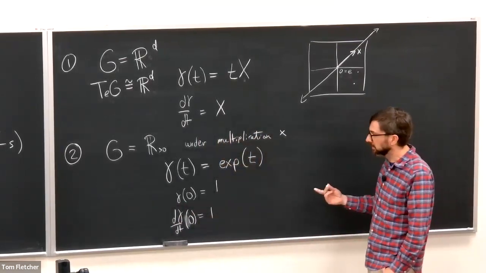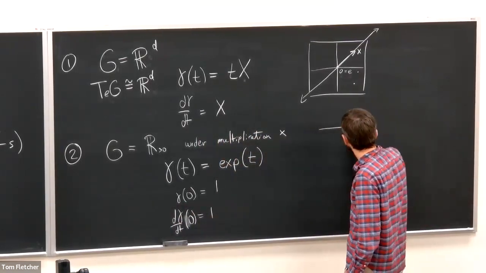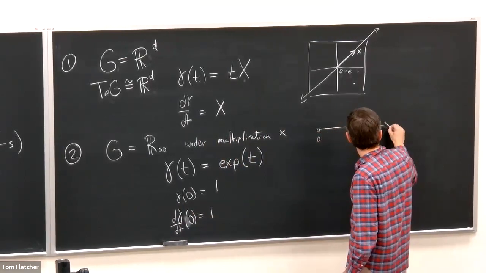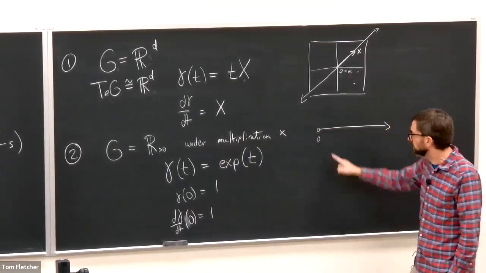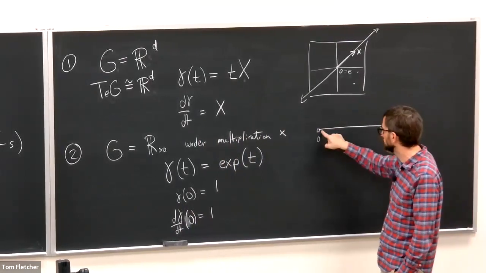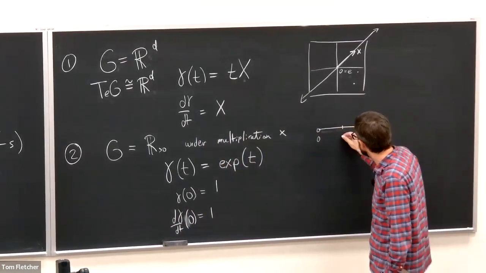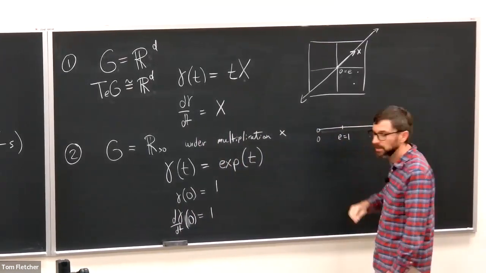So the tangent vector, if I think of G as the real line, this is 0, and I go out to infinity. Zero's kind of a hole there, it's not included, it's everything greater than 0. Okay, the identity is equal to 1.